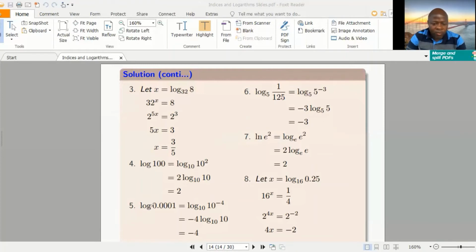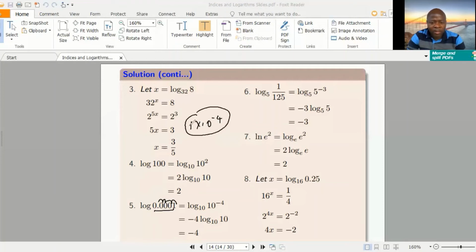Let's now do question 5. I can write this in standard form. This number, you write it in standard form, and it will be 1 times 10 raised to what? 1, 2, 3, 4. Negative 4. So we all know how to write numbers in standard form.